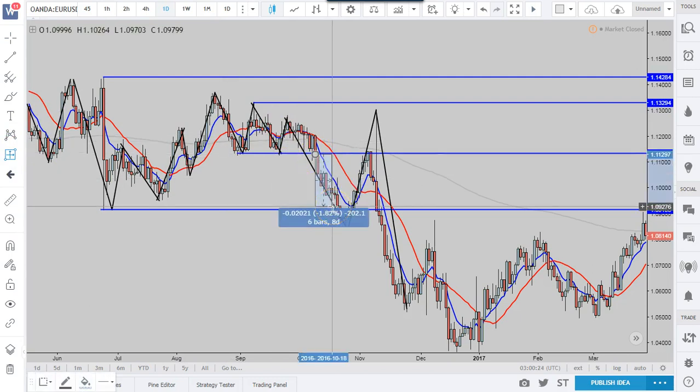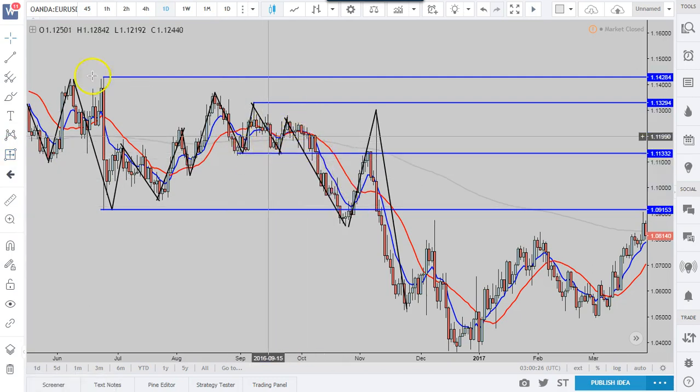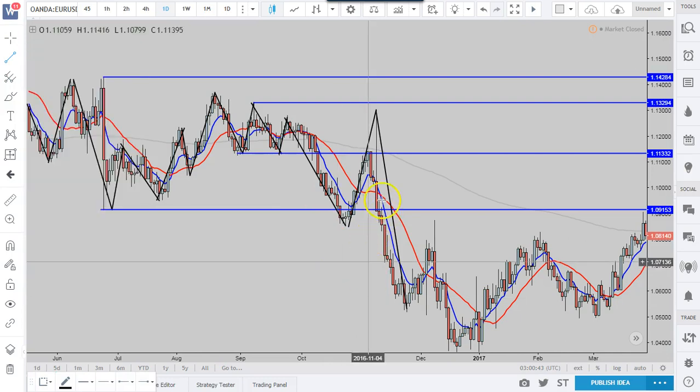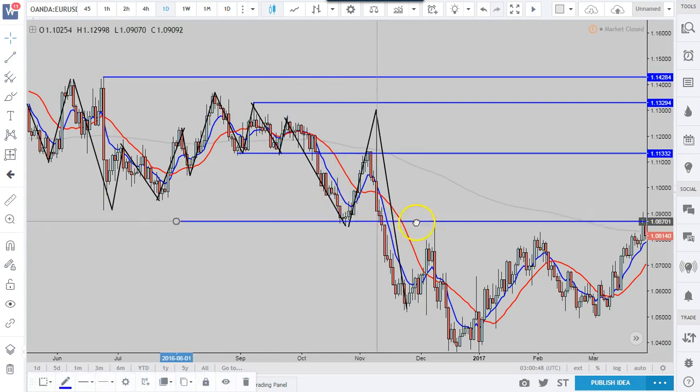It's about a 200 pip move. So you always go to the lower time frames to find an entry point and get in on the market. As long as we know that the market was on a steady downtrend, and then what happened as these lows got breached. So this particular low, I'm gonna place this one right here.